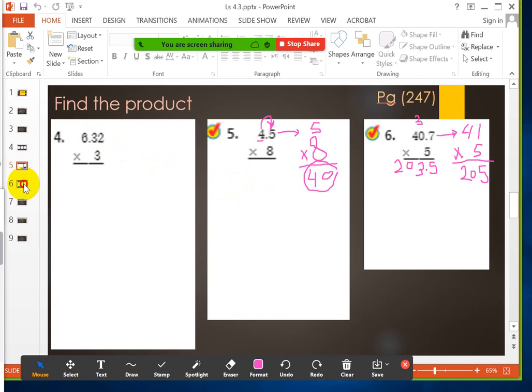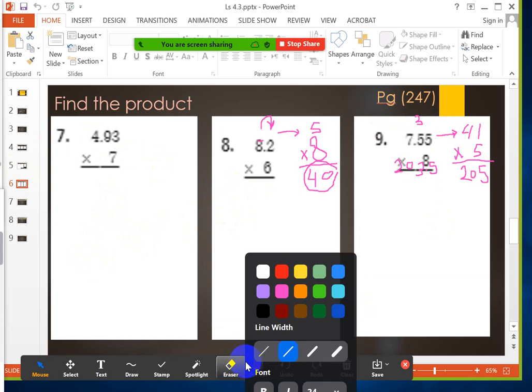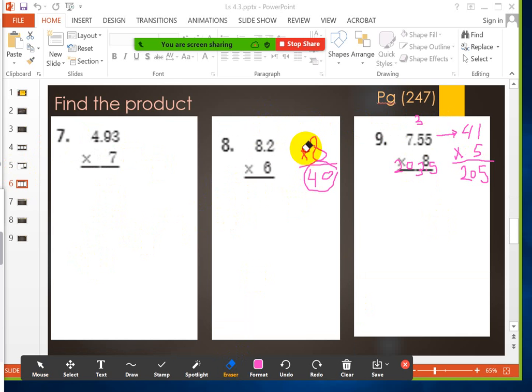So we will move to exercise number 7. I will leave this one for you and erase just this side. Let's multiply 4.93 hundredths with 7.